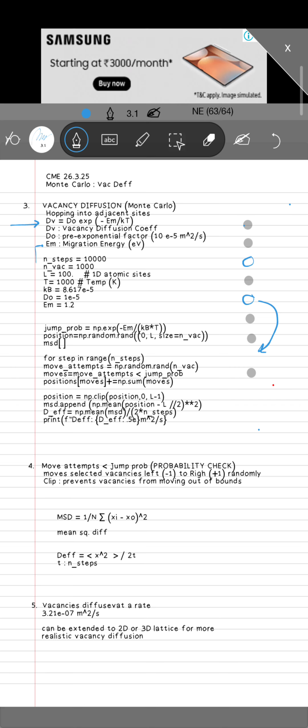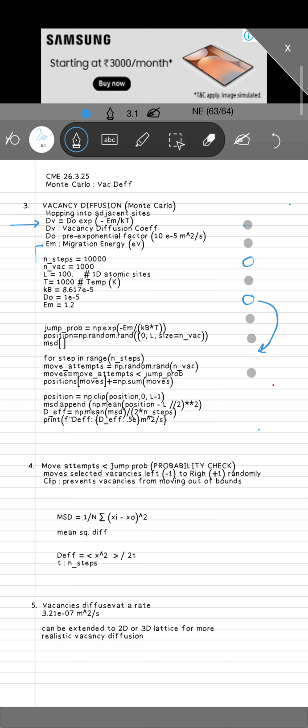So we assign the different constants, and this is in fact a process of diffusion. This hopping process can be associated with diffusion, where based upon the concentration gradient, the atom moves. Since we don't have a concentration gradient, we will consider here the number of vacancies available.